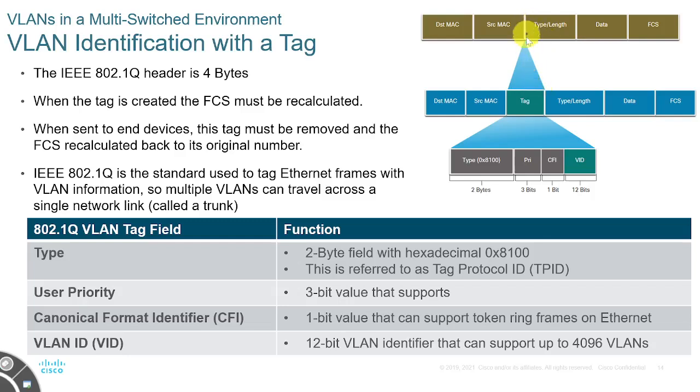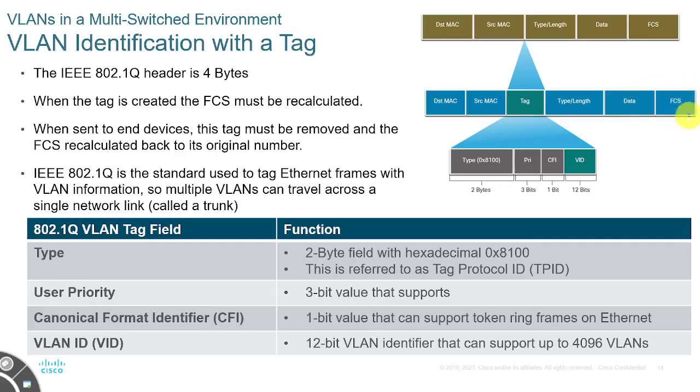and the tag should be inserted into the frame, into the IEEE header. Then when the frame is sent to the end devices, this tag must be removed and the FCS should be recalculated once again to return to its original value.